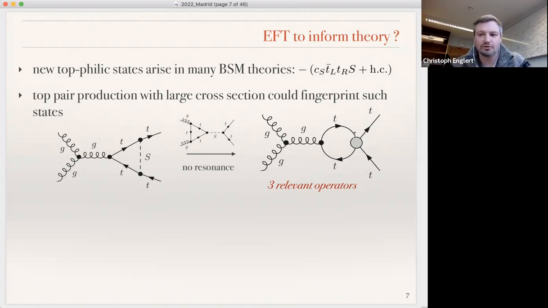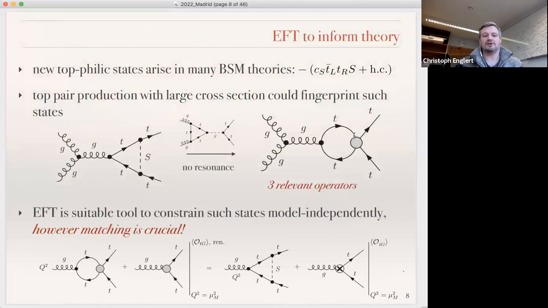So there are three relevant operator structures that are relevant to this matching process, and matching really matters here. You have to integrate that out. On the one hand, you assume a certain coupling set and a certain mass spectrum, and then you integrate it out and match it to your effective field theory Lagrangian. You do this at the one-loop level.